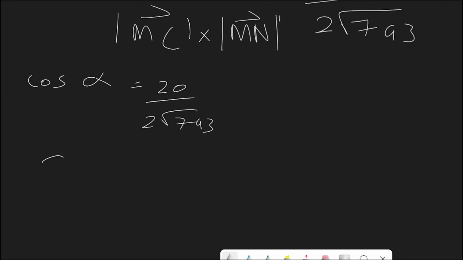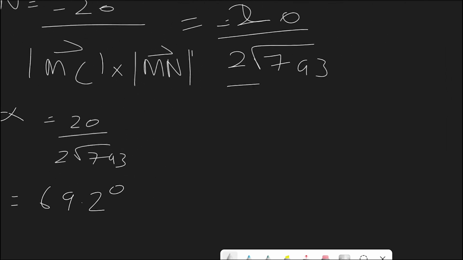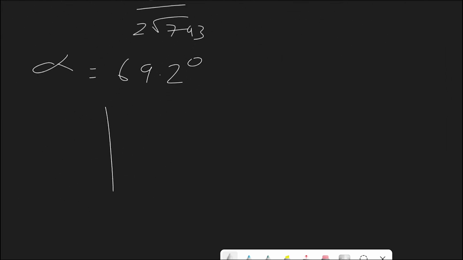So alpha would be equal to cos inverse of 20 over 2 square root 793. Okay, so it would be 69.2 degrees. Since we have this negative over here, that would be in the second quadrant.